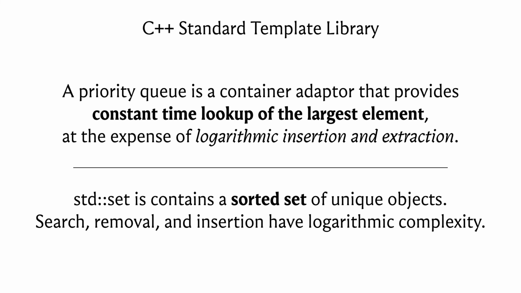So what we're going to do is essentially use a set instead of a priority queue. By the way, I should mention that although I'm quoting the C++ documentation here in saying that you can look up the largest element, even for a priority queue, you can pass an additional parameter and change that from largest to smallest. So that's not really the problem.